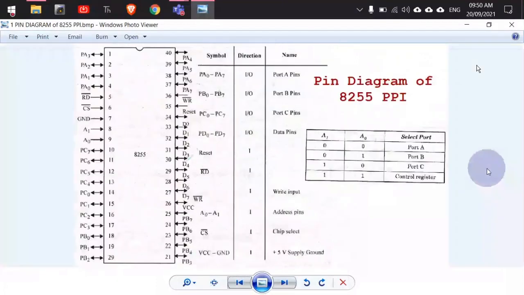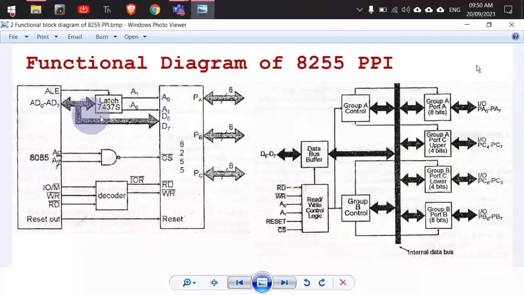So if you have selected these addresses as 11, if you see this diagram, if the address that you take from the microprocessor to this 8255 is 11, then whatever is the content on the data bus, it will be put directly into the control word register of 8255. And once the control word register has got some values, accordingly the ports and things will be selected or deselected.